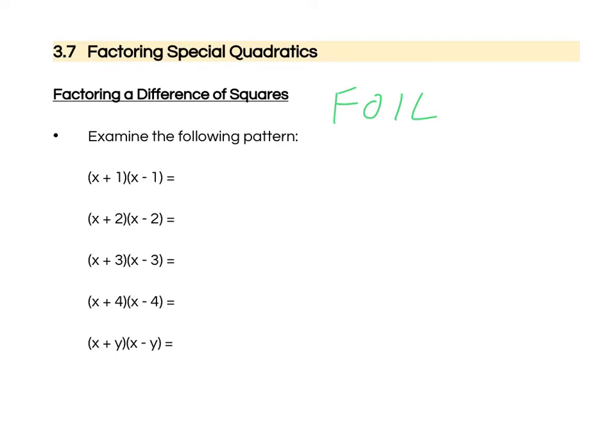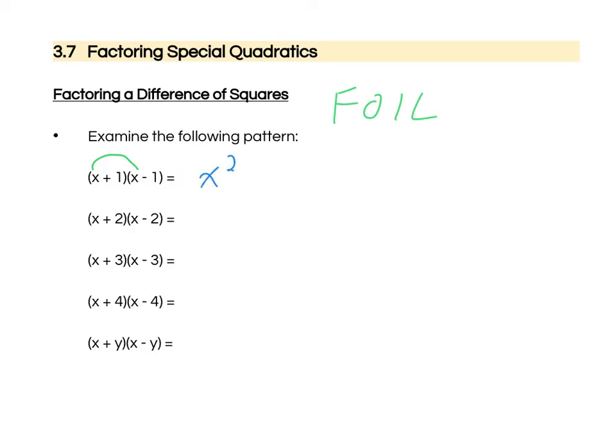So remember, when I FOIL, I multiply my first term in each bracket with each other, my outside terms with each other, my inside terms with each other, and the last terms in each binomial with each other. Okay, let's go ahead and do that. So I have x times x, which will give me x squared.